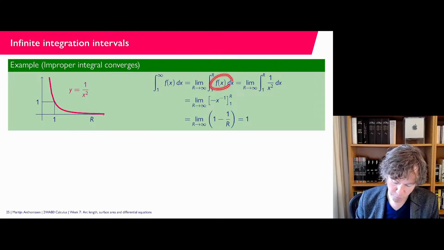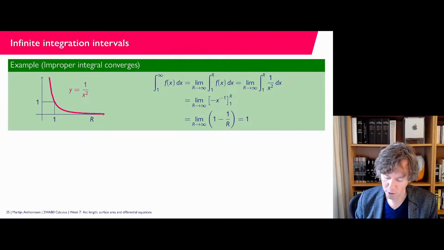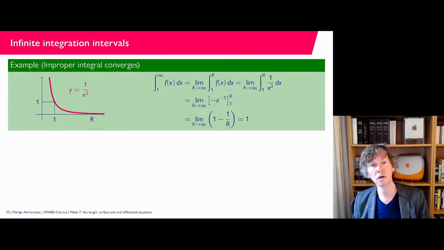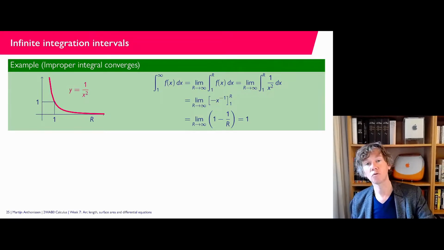So we have f of x, that's 1 over x squared, x to the power minus 2, primitive function minus x to the power minus 1, plug in R and 1, the endpoints of the integration interval, take the limit and it goes to 1. So we see here that indeed the limit converges, the integral equals 1. The integral converges to L equal 1.